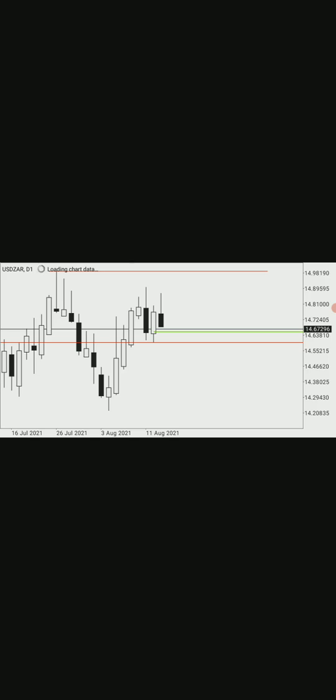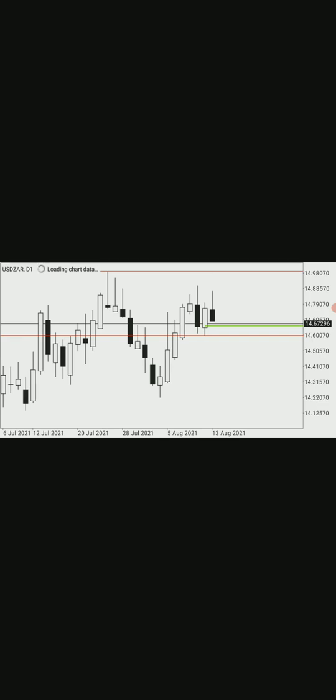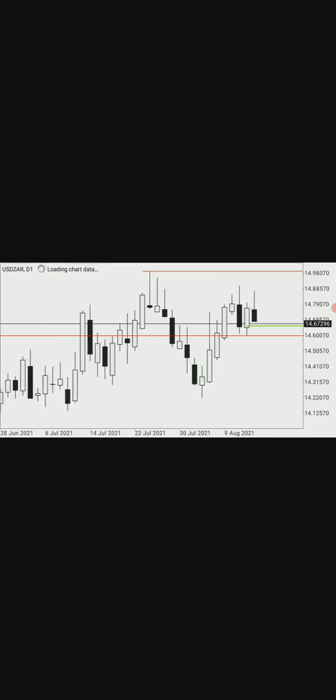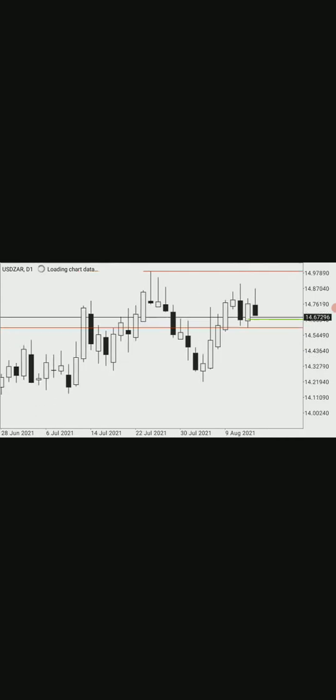So for now, USDZAR. I would love the market to be bearish so that it can follow what I expect for the dollar. But I cannot really see anything that's giving me bearishness for now. What can I see here?